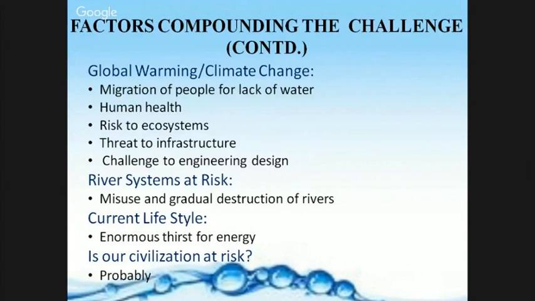Then the last question is asked: are we really at risk with respect to water? The obvious answer is yes, we are. The way we consume water, the way we satisfy our demand, the way we extract the water is making it an unsustainable use of the natural resource.